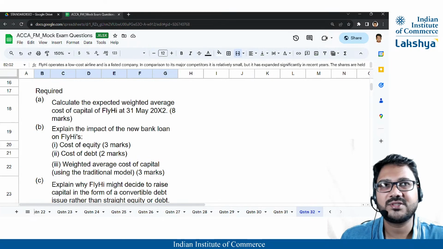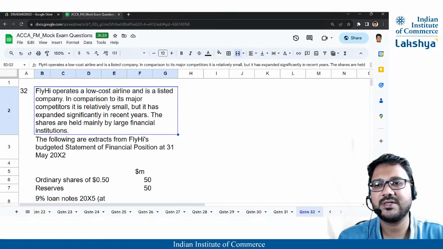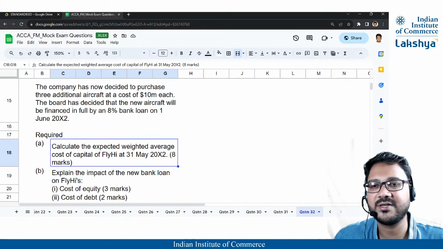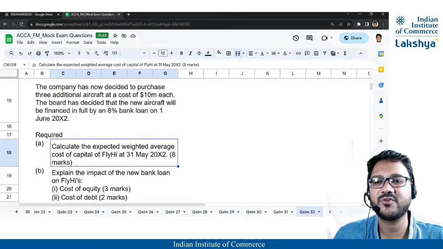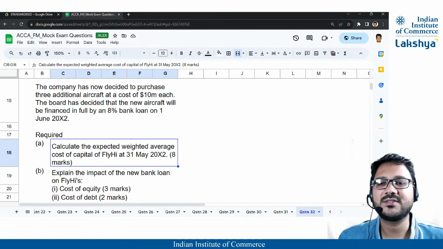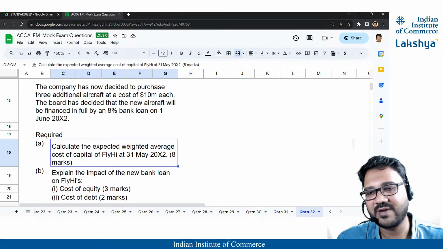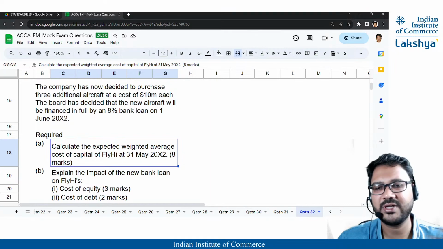First thing we do is read the requirements: calculate the expected weighted average cost of capital for Fly High at 31st May 20x2. So we have to find WACC, which means cost of equity, cost of debt, and all of that.